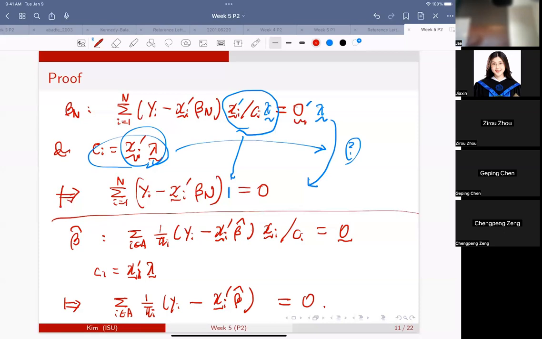How to show this? We use exactly the same steps as in the population version. First transpose and then multiply by lambda on both sides, and then you get 1. Oh, no vector, this is just 1. That's it.